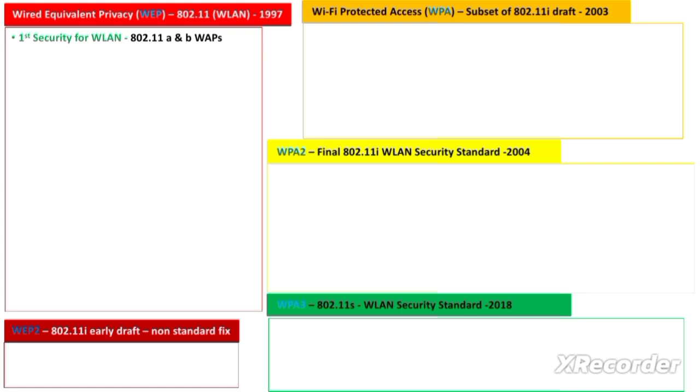So it was the first security for wireless LAN, and at that time certification by Wi-Fi Alliance was mandatory for 802.11 wireless access points, and at that time there were two versions of such wireless access points, that is 802.11a and b.